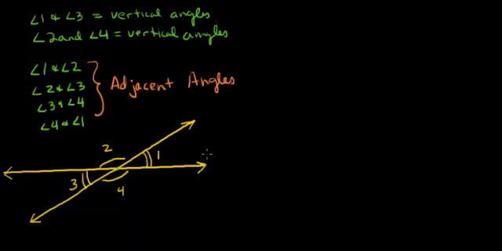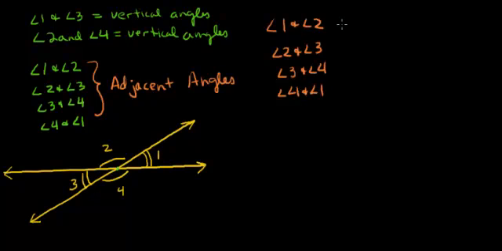We could also say that angle 1 and angle 2, angle 2 and angle 3, angle 3 and angle 4, angle 4 and angle 1 are all what we call supplementary angles.